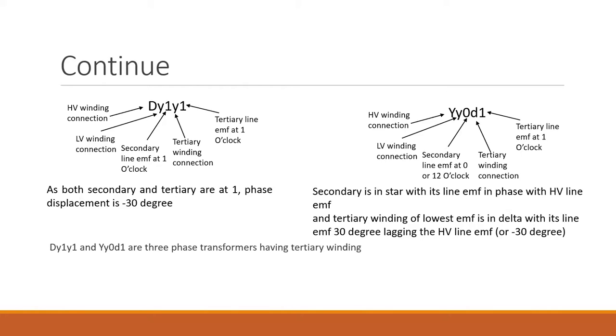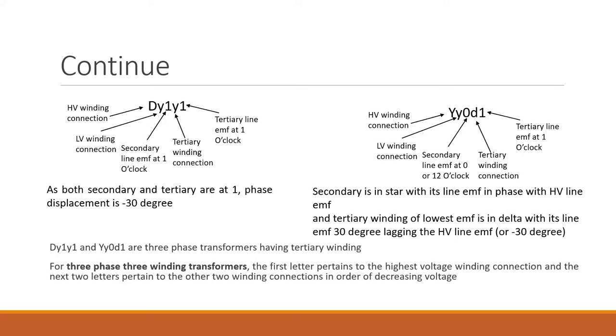From these two examples, we understood that these are three-phase transformers and they also have a tertiary winding. So for a three-phase, three-winding transformer, the first letter pertains to the highest voltage winding, the HV winding connection.